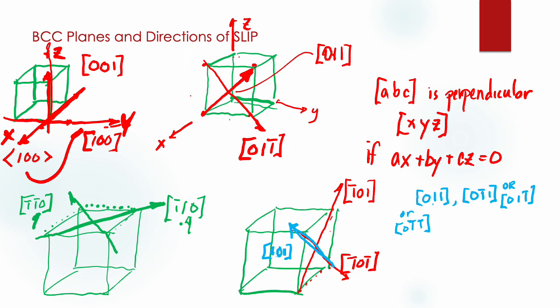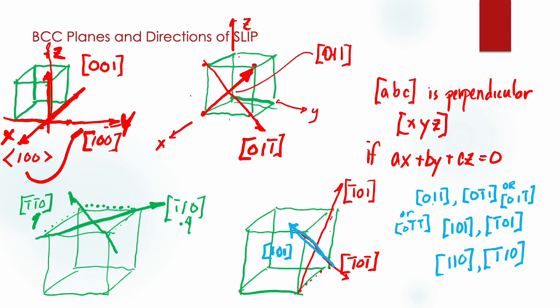And then the other 4, I could put 1, 0, 1, and 1 bar, 0, 1, or 1, 0, 1 bar, but not both. And then 1, 1, 0, and 1 bar, 1, 0.